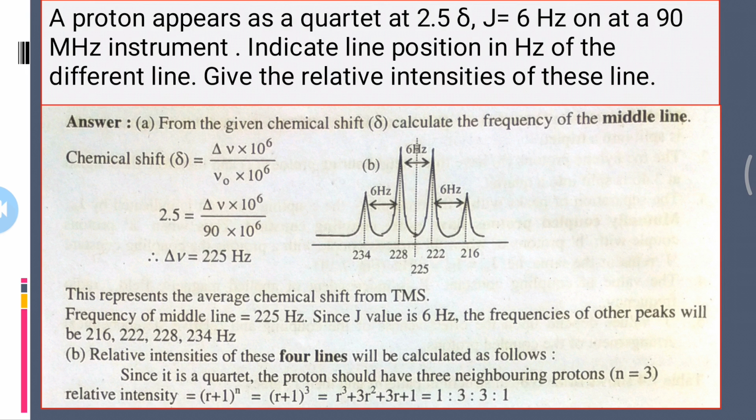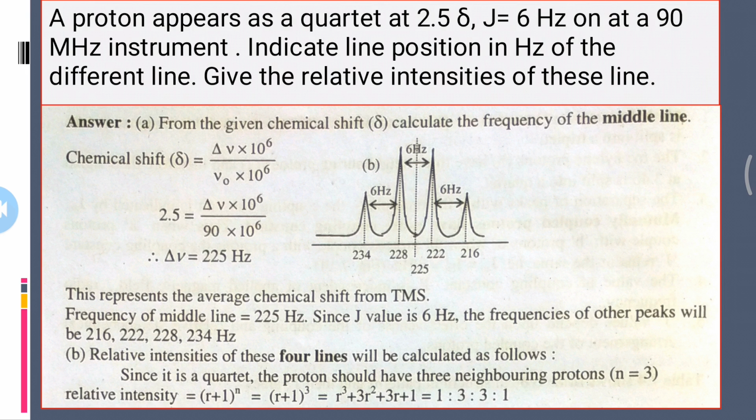This represents the average chemical shift from TMS, the frequency of the middle line, 225 hertz, and the J value given is 6 hertz. The frequency of the other peaks will be: 225 is the middle line, and then on the left side and right side, the 6 hertz coupling constant.